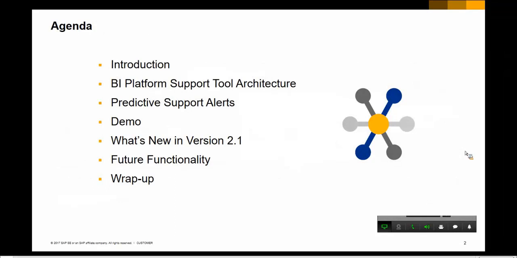So today's agenda, this is going to be kind of a combination of slides, but really I want to focus on demoing the new client so that everybody can see the new functionality. So I'm going to try to get through the slides pretty quick, and then we'll move straight into the demo. I'll talk about the architecture, how does the platform support tool work.